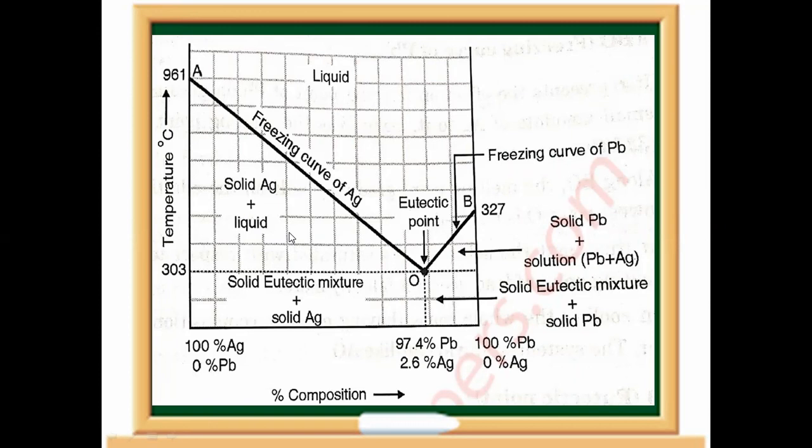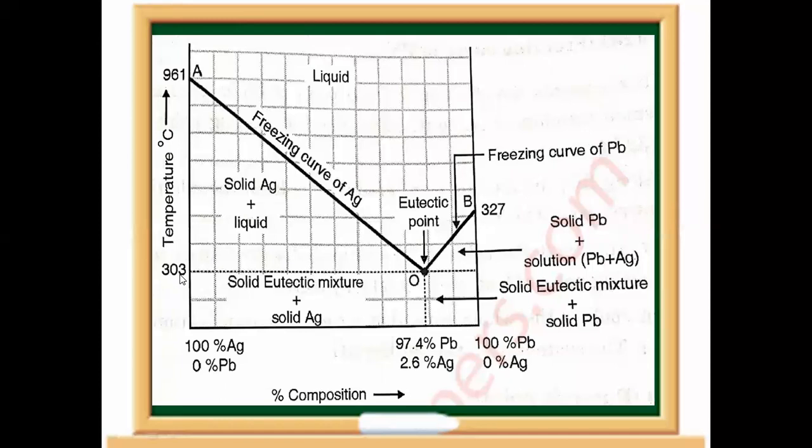So that continuous procedure of adding lead to the silver was going on. But more and more lead, it was not mixing into silver. Okay, at what temperature did this happen? This happened at point O, where the temperature is 303 degree Celsius.